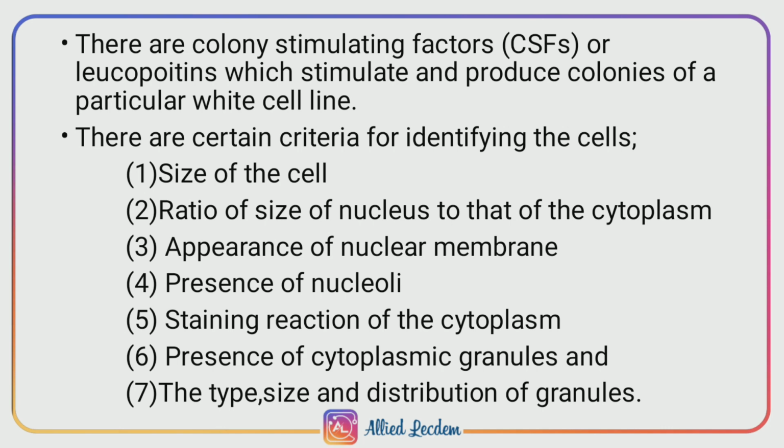There are certain criteria for identifying the cells that include the size of the cell, the ratio of the size of the nucleus to that of the cytoplasm, appearance of the nuclear membrane, presence of nucleoli, staining reaction of the cytoplasm, presence of cytoplasmic granules, and the type, size, and distribution of the granules in the cytoplasm.